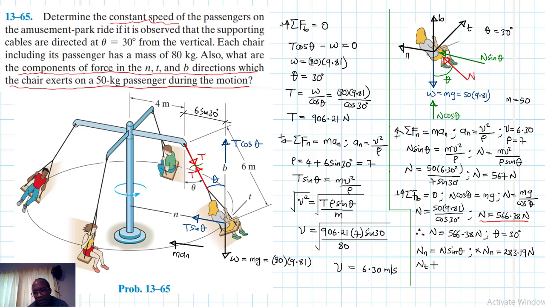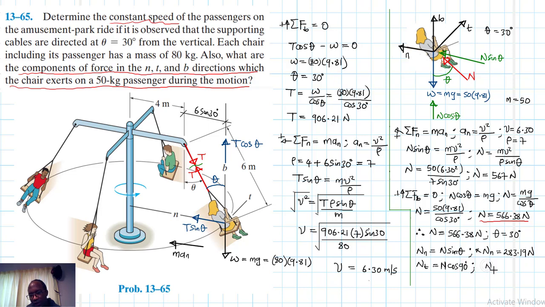Our NT there is going to be equal to, N is along the NB plane, so this one is as good as N cos 90 degrees.